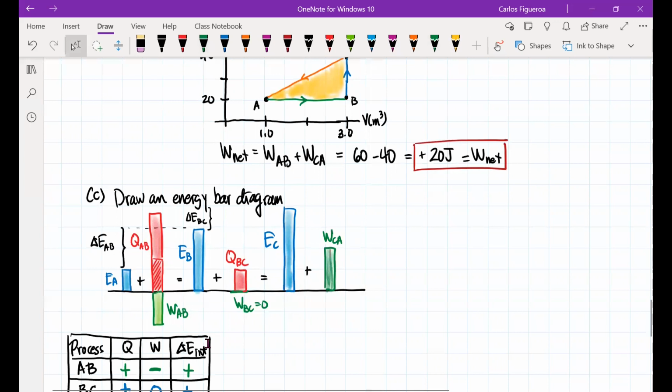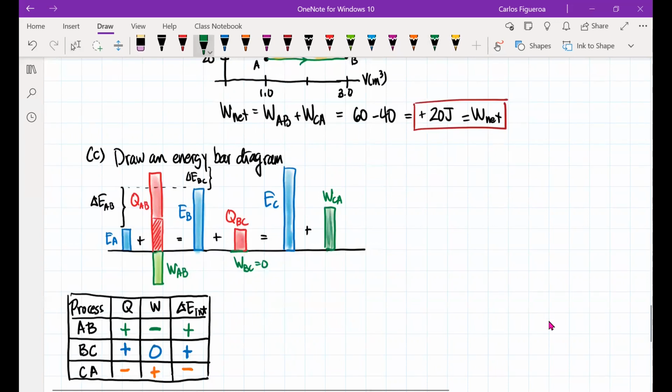But I have to eject heat. And remember, I have to get back to A. So when I look at this guy, what you're seeing here is that I know the internal energy at A has to be the same size that I started off with. So look at the heating now. If I look at my heating, what do I have to do? I have to at least kill off the work.